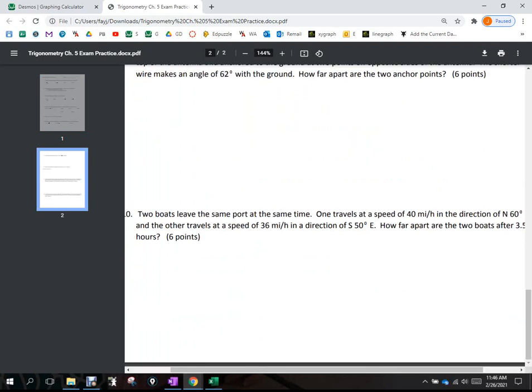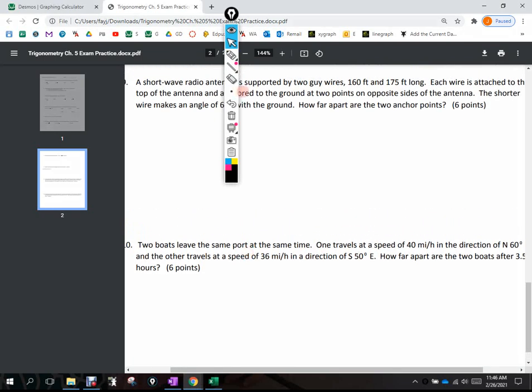Just a second. So in this one, I'm going to say north 60 degrees east. Here's our north. That would be the 60 degrees. So then this angle here would be 30. Does that make sense?